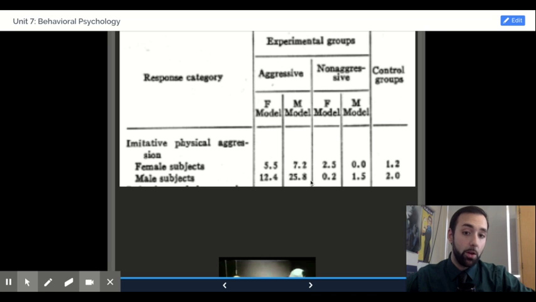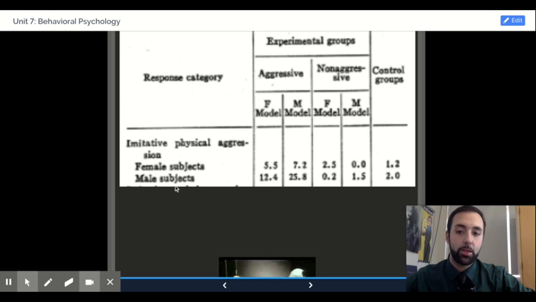You should also note that you can, by looking at these, denote the gender of the model. So what this means is a video with a female adult, and then a video with a male adult. That's what the distinction means here, where it says F model. The subjects are the young children.